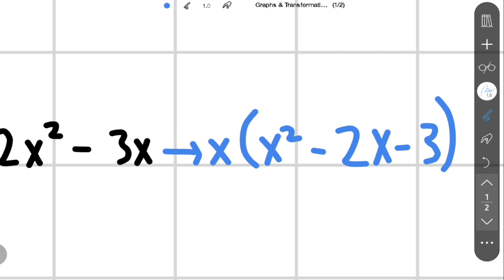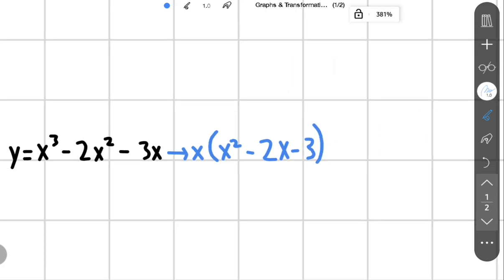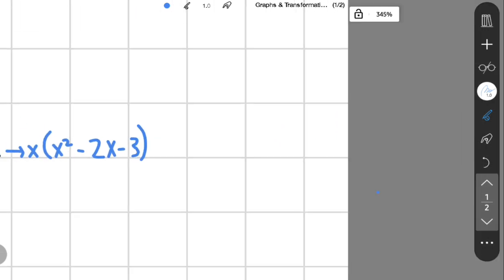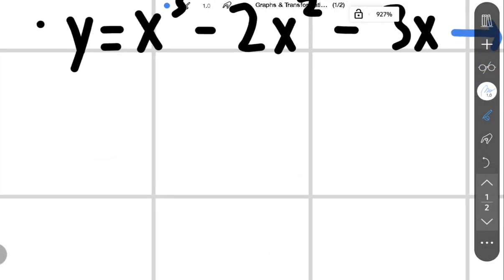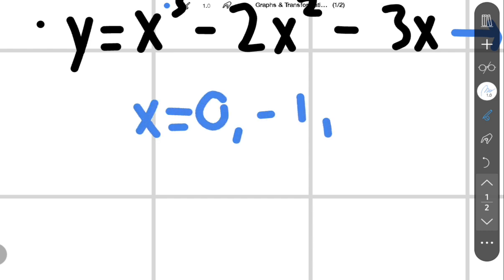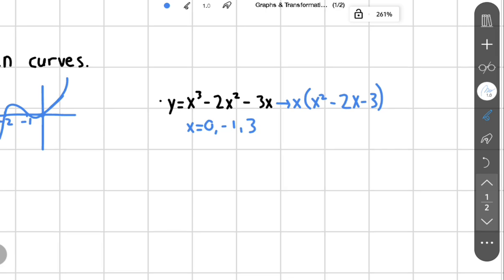If I plug all these in the calculator, I'll get 3 and negative 1. So in the end, the roots will be, obviously we will not forget x equals 0, and we have x equals negative 1 and x equals 3. So these are our roots for this graph.